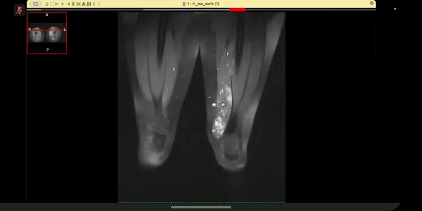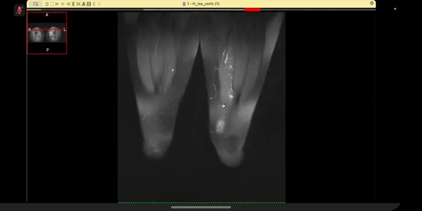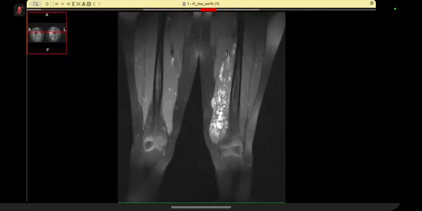So you cannot call it a sarcoma in the differential. It's a black and white case.